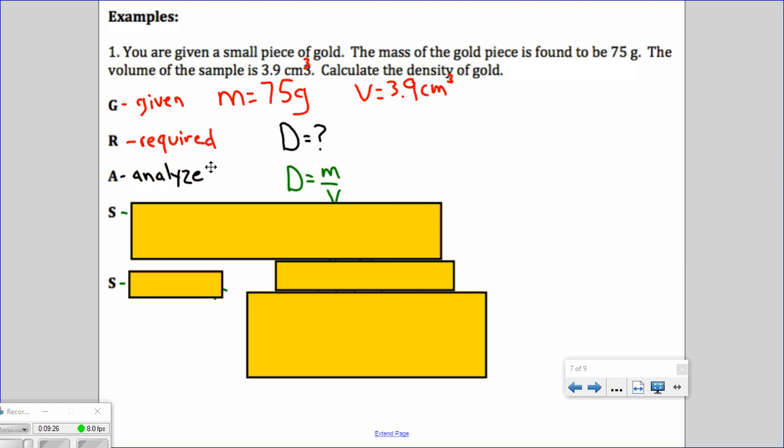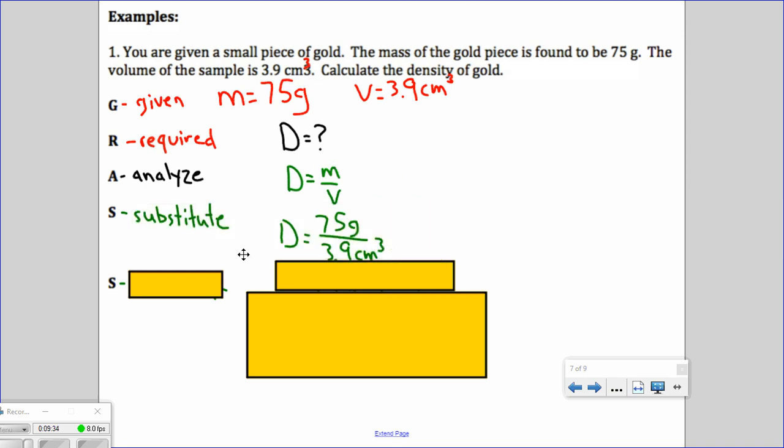To calculate that density, we will use our density equation. Density is equal to mass divided by volume. We can then take our given information and substitute it into the appropriate spot in our equation. We have a mass of 75 grams, which we'll put in for the M, over a volume of 3.9 centimeters cubed, which we'll put in for the V. So we get 75 grams divided by 3.9 centimeters cubed.